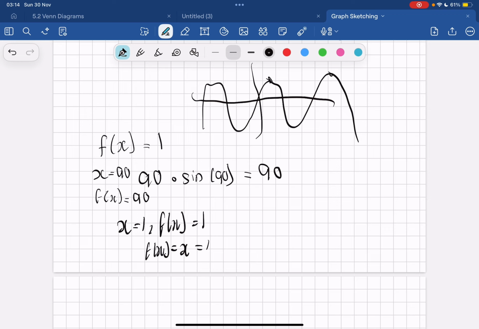Similarly, we can make an argument for when sine x equals minus 1. So at points such as 270.